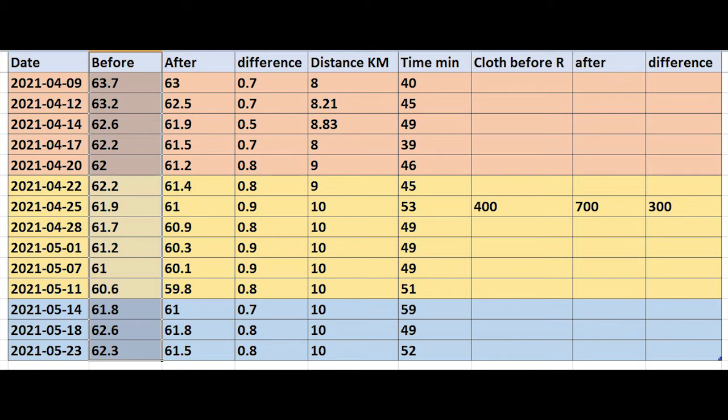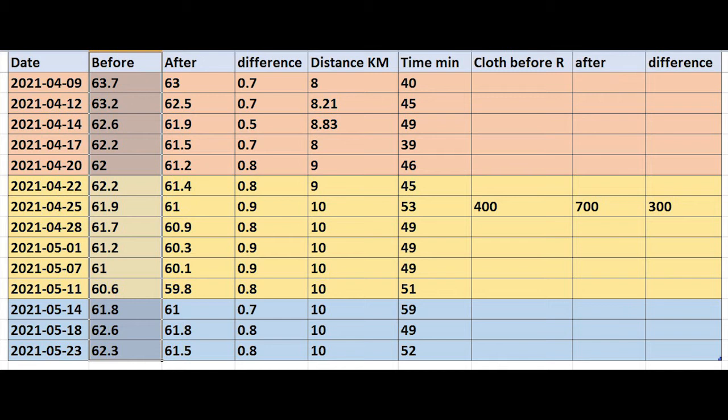Let's have a look at the first part, the orange. For example, on 9th of April my weight was 63.7 after running 8 kilometers in 40 minutes. In this period I did interval running. On the second pass you can see my weight is 63.2, which is 500 grams less.